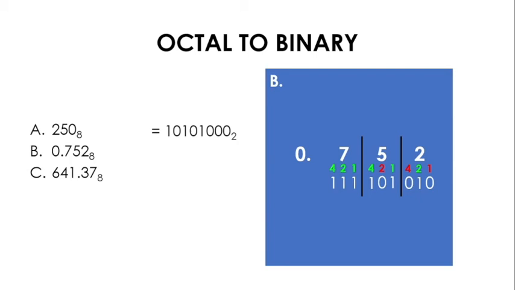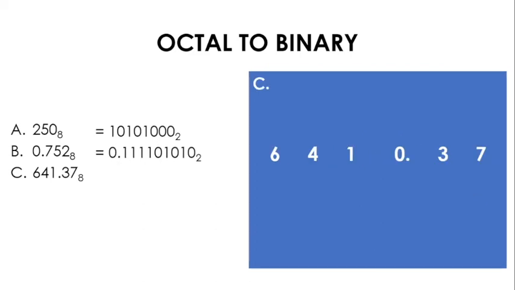So we have 111, 5 is 101, and 2 is 010. So the binary equivalent of octal 0.752 is 0.11110110.